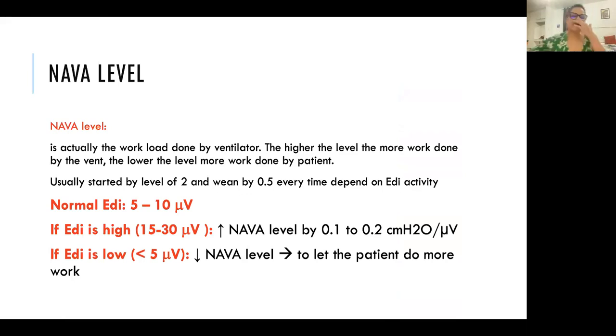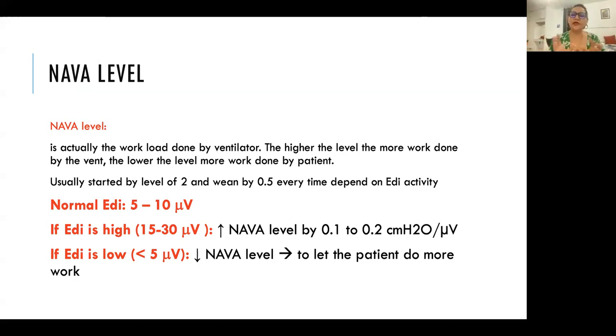So NAVA level, as I said, is actually the workload done by the ventilator. So if you are keeping the higher NAVA level, that means more work is done by the ventilator. If you are keeping the NAVA level low, that means more work is done by the patient. So usually you will start at NAVA level of 2 and you will wean depending on what EDI activity you are seeing.